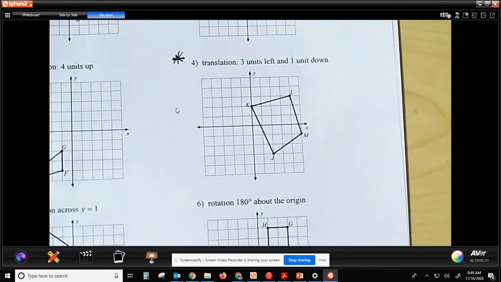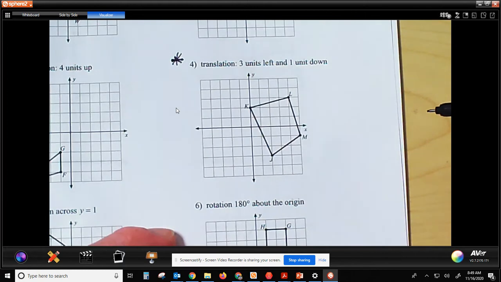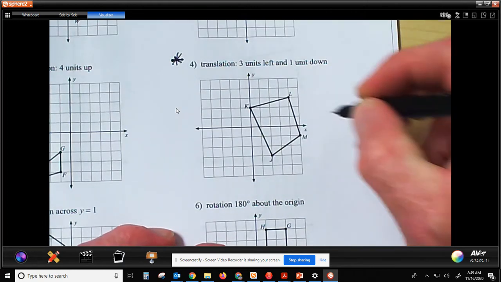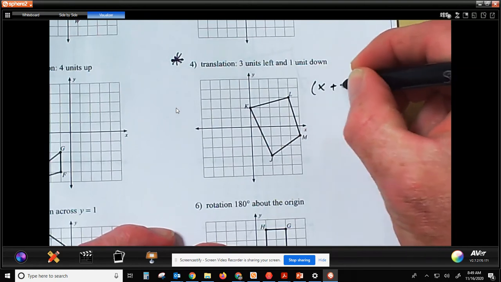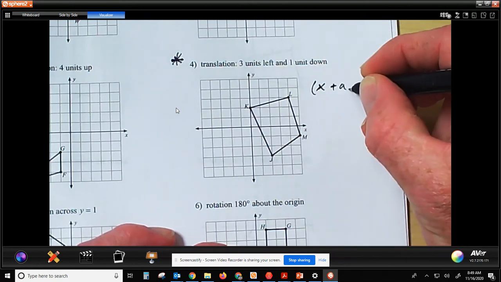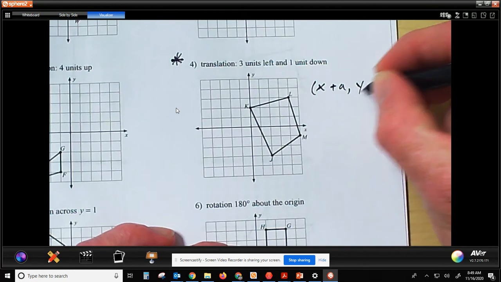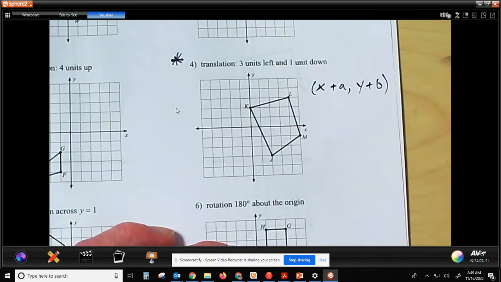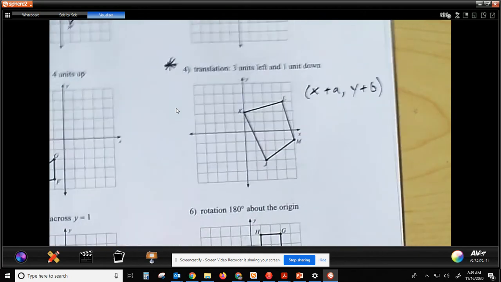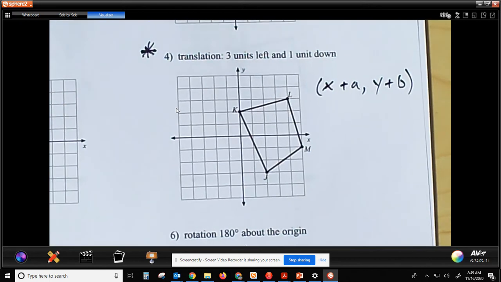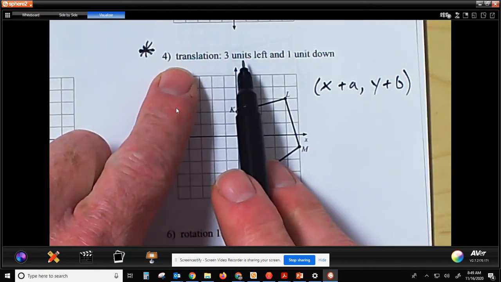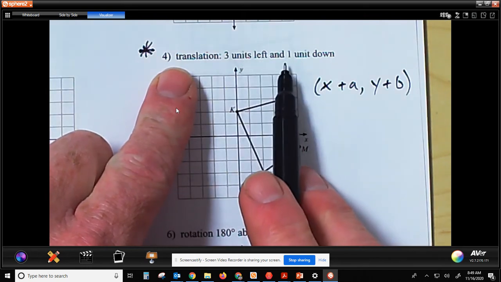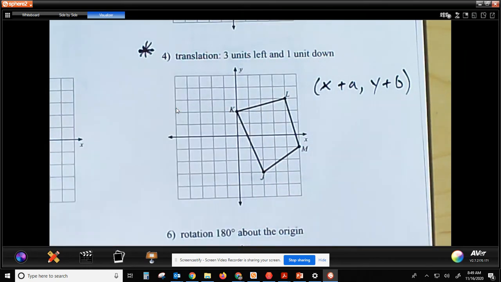Okay. So we had a couple styles that they wrote this. The one I kind of like is x plus a, written as a coordinate pair, and y plus b. All right, so I just kind of write that off to the side to help me. And then I look at the instructions. It says translation, 3 units left and 1 unit down.